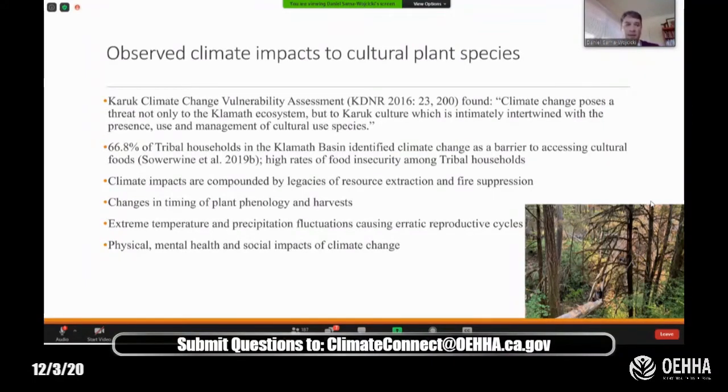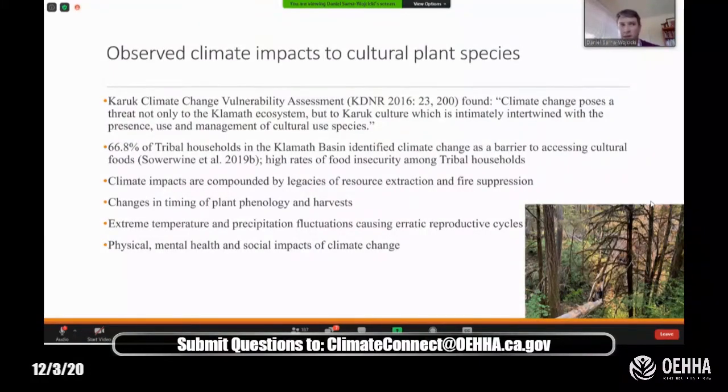Hazel has been apparently budding earlier and causing a shorter harvesting window for practitioners. Tan oak acorns and mushrooms are unpredictably producing and fruiting in these boom and bust cycles every 2 to 4 years. This year in particular, we're seeing madrone, beargrass, and fern showing signs of severe drought stress, even more so than 2015. We've seen extreme summer heat waves really speed up fruiting and flowering in species such as trailing blackberry, huckleberry, gooseberry, redbud, and willow.